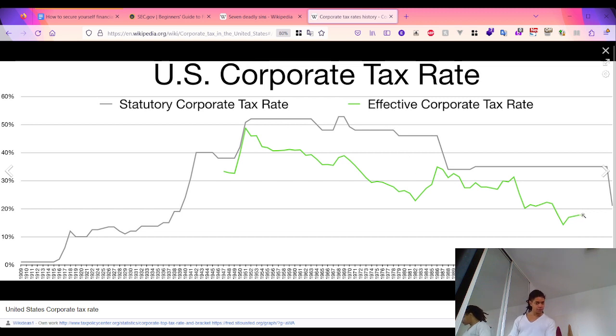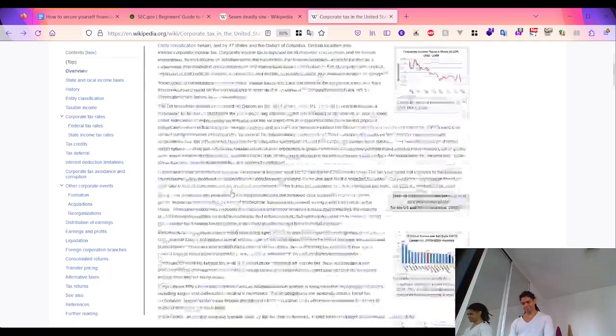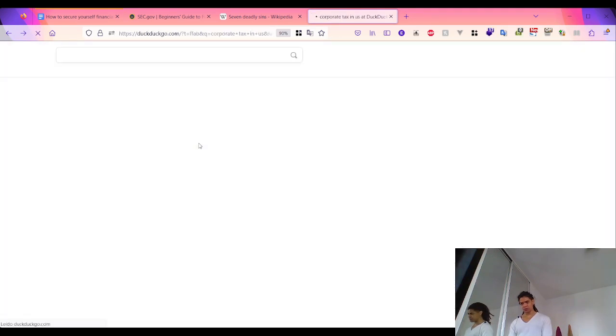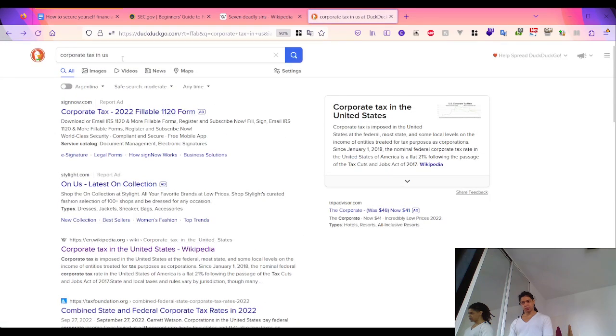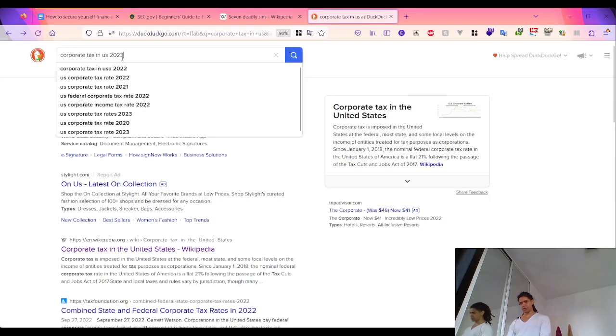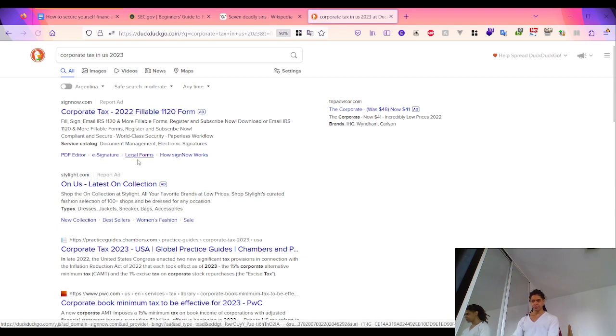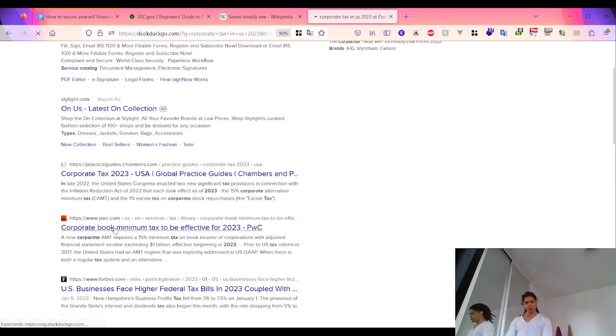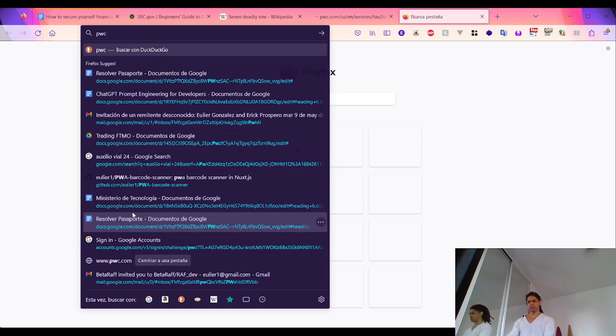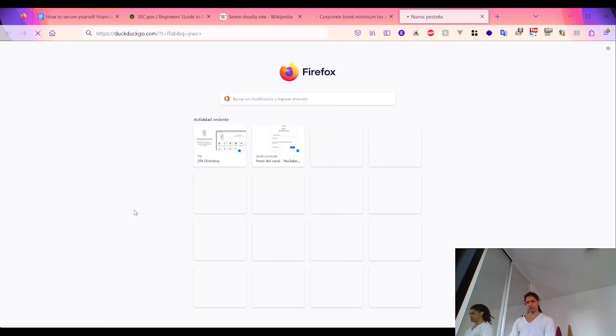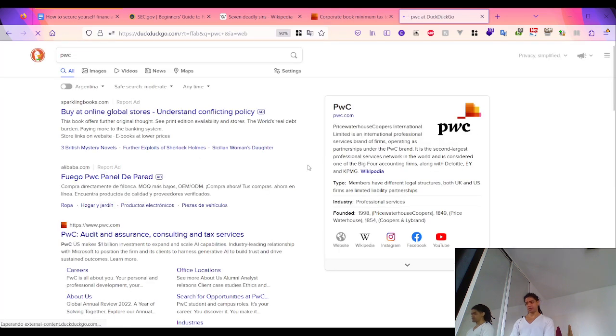Right now it's something about 20. No, but this is 2012. Now I'm looking at the corporate tax in the US 2023 from PwC. What's PwC? I think this is an accounting company.